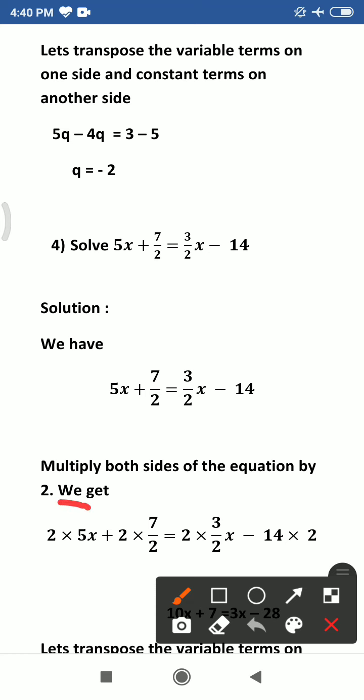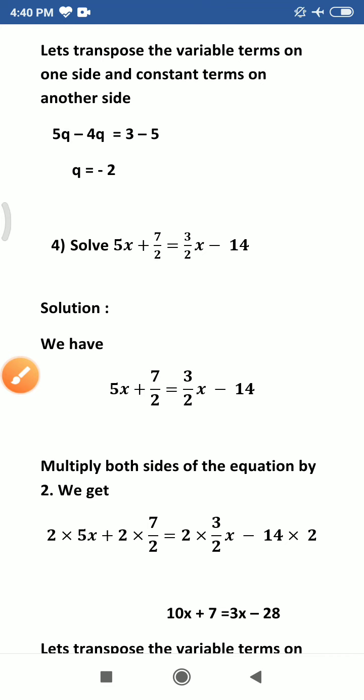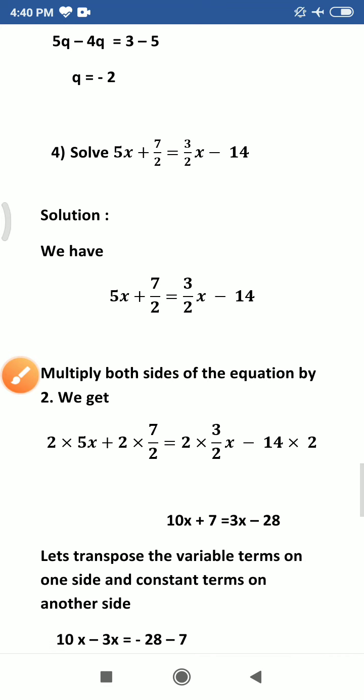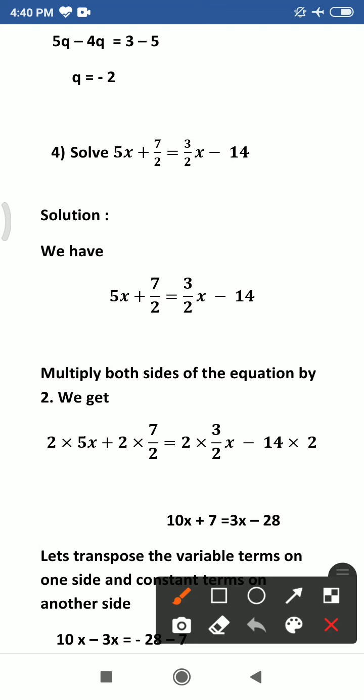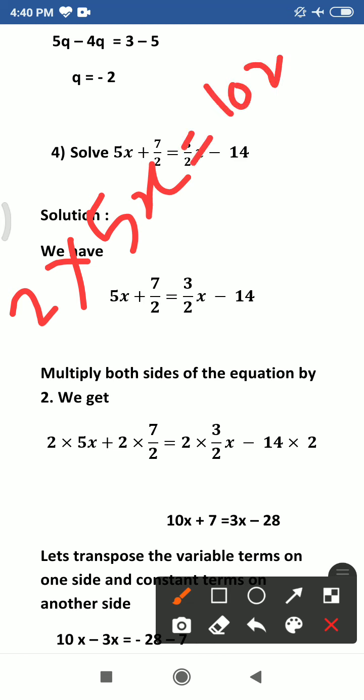So the first term 5x is multiplied by 2. In the same way, the next term 7 by 2 will be multiplied by 2. Next, 3 by 2x will be multiplied by 2 and 14 will be multiplied by 2. If we operate this, I will write here like this. 2 into 5x, we will get the term 10x.